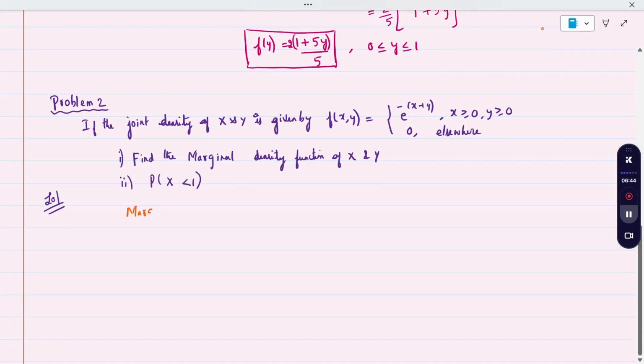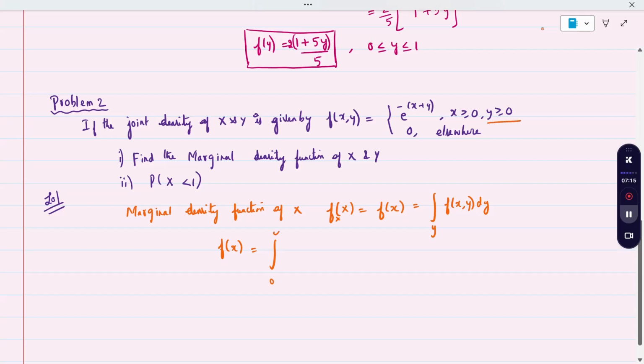The marginal density function of x is f_X of x, the integral over y of f of x comma y dy. Every time write the formula, then only do the calculation. The limit of y is 0 to infinity. F of x is given to be the integral from 0 to infinity of e to the power minus (x plus y) dy.